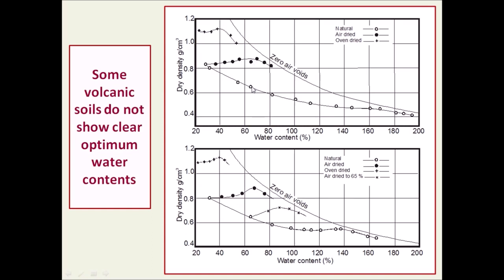That's been a source of dispute situations when people have been undertaking earthworks in allophane clays. But again, you can see down here there's hardly an optimum down here actually. But you can actually compact these soils.